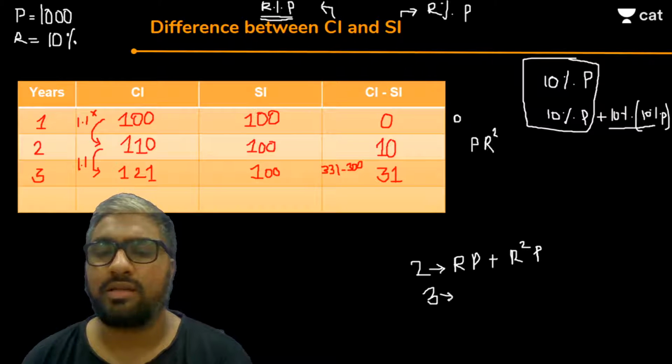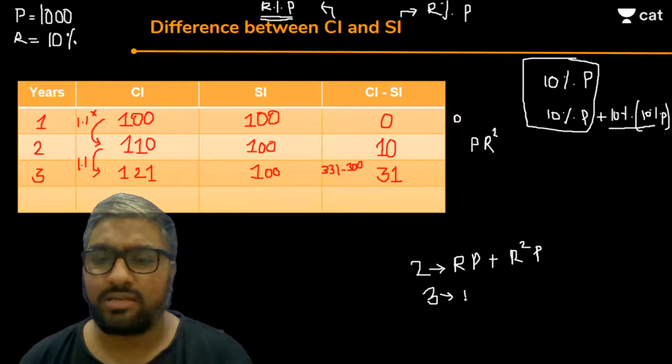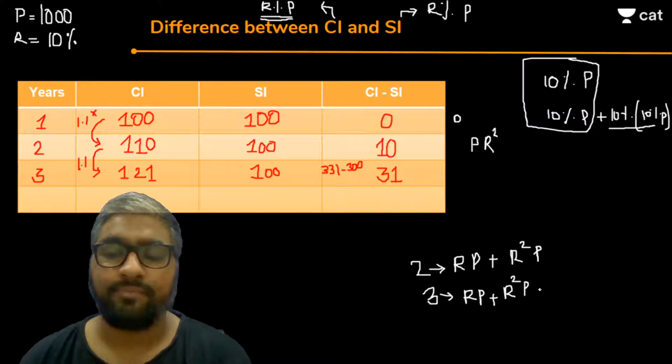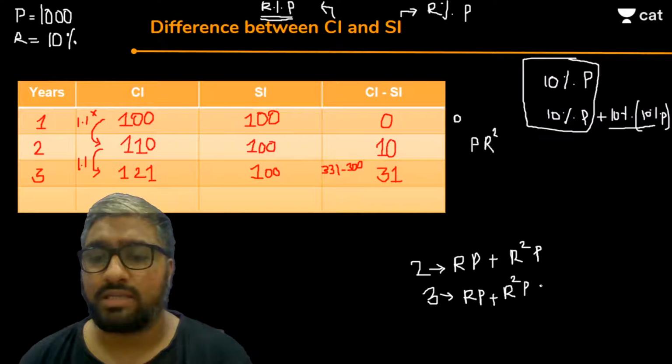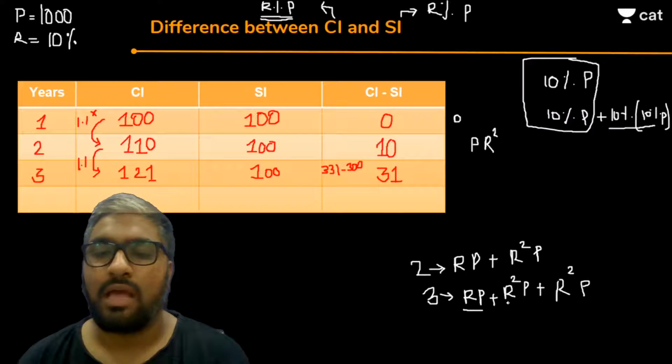Whatever was the second year's interest, that is R percentage of P plus R square percentage, and on that again 10%. So R percentage is applied again, and R into R percentage of P would be R square percentage of P, and R into R square percentage of P would be R cube percentage.